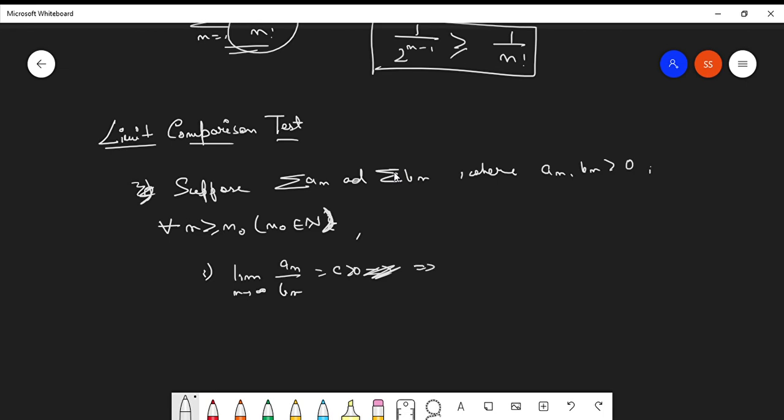Then this implies that an and bn both diverge or both converge.